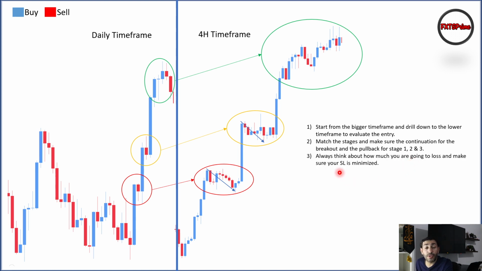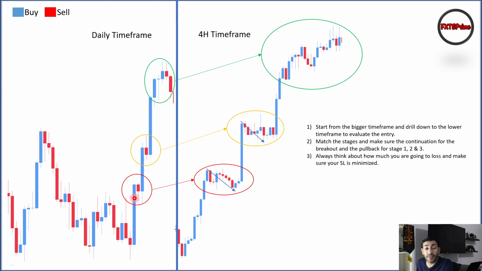The third thing you need to know: always think about how much you are going to lose and make sure your stop loss is minimized. If I drill down to the lower time frame, I know from the small candles where I can place my stop loss and my entry in an accurate manner.